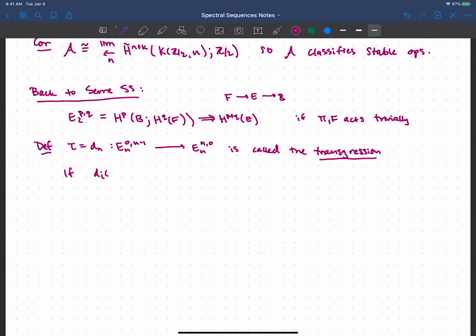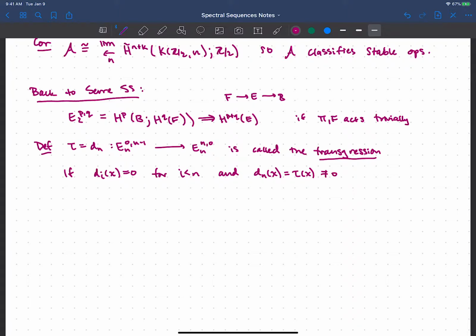Just a little bit more terminology. So if I have some class x and d_i on it is 0 for i less than n, so that it lives to the nth page, but then d_n of x is this particular d_n, so in this particular degree, it turns out to be tau of x.